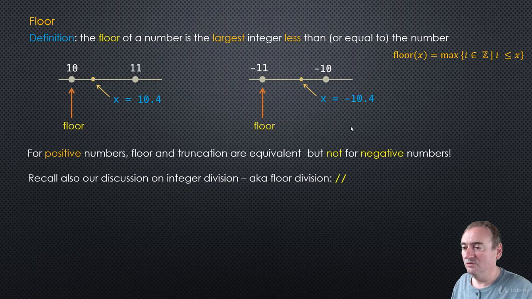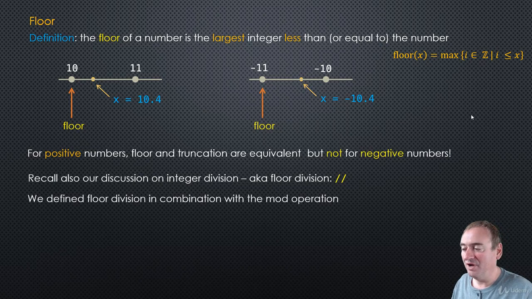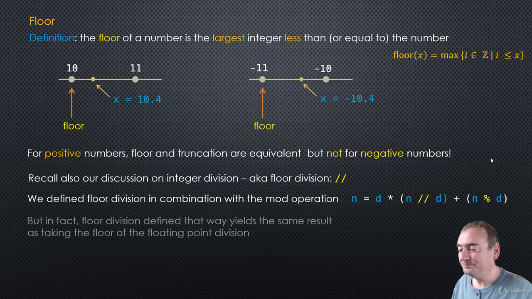Now I also want to talk very quickly again about floor division. We saw this div operator a while back, and remember how we defined it. We defined the floor division in combination with the mod operator, and we said it satisfied this equality here. So this was integer division, and this was the mod operator.